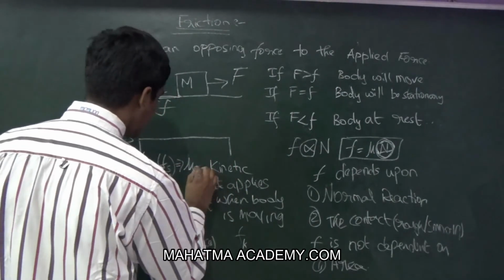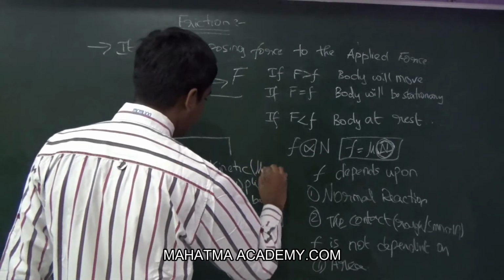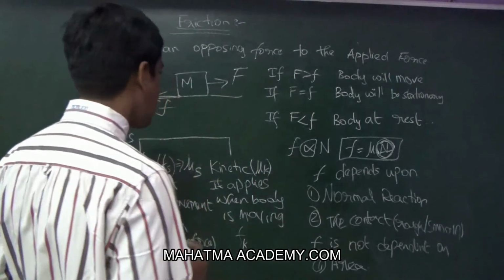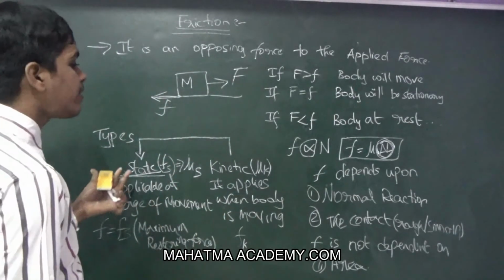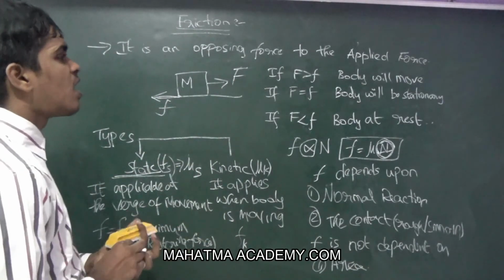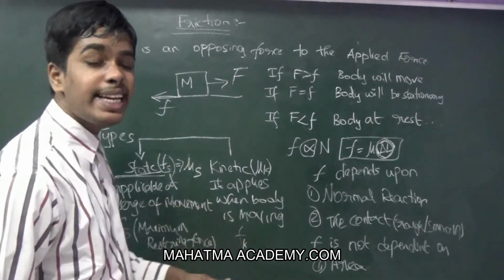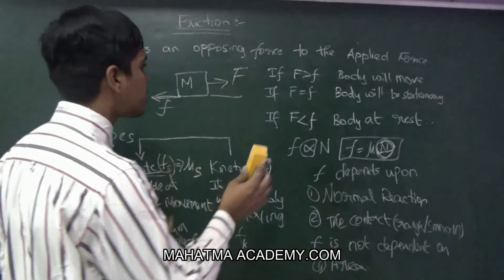Sorry students, for static it is mu s and here it is mu k. Now we have completed discussing static friction and kinetic friction. Now there are 3 cases we will discuss.